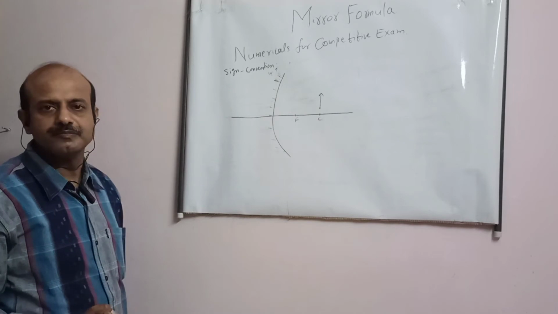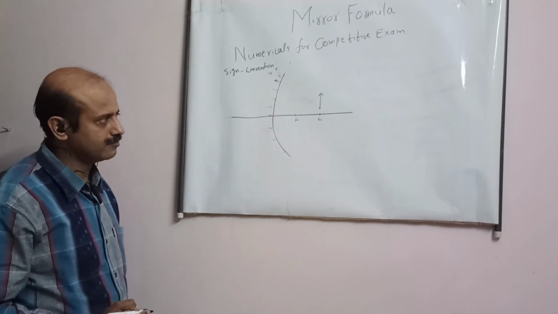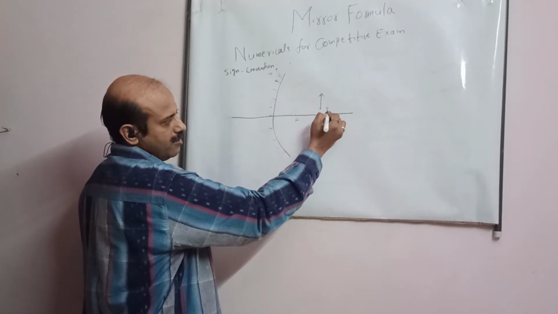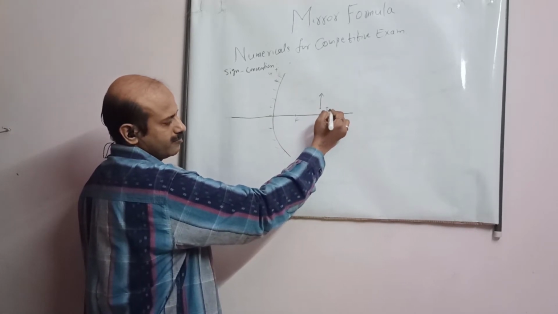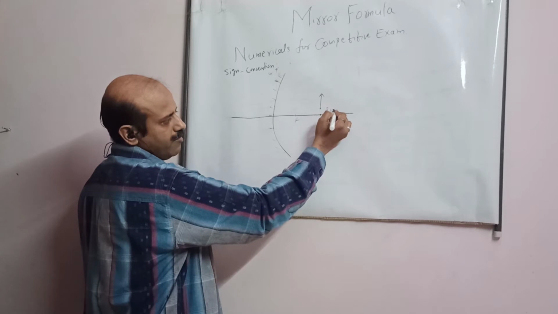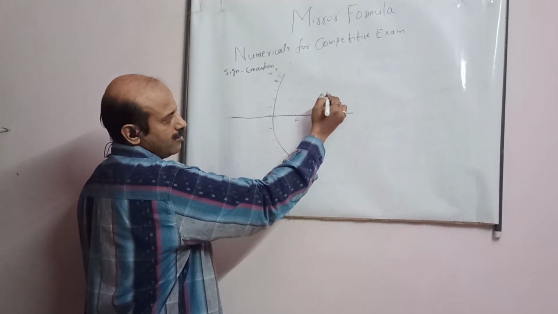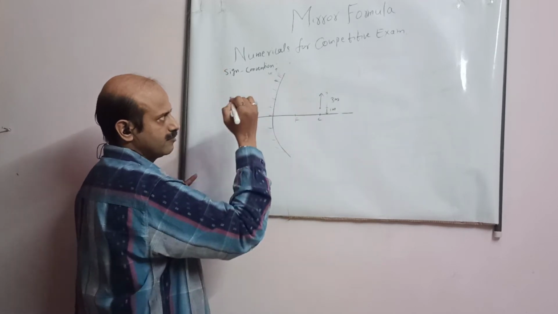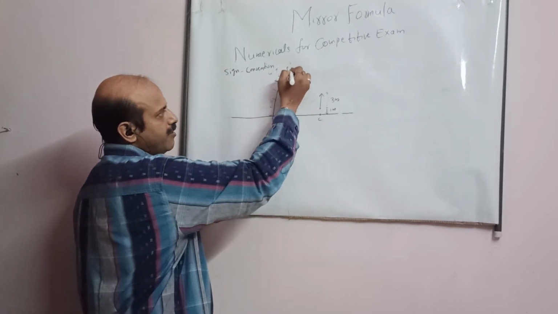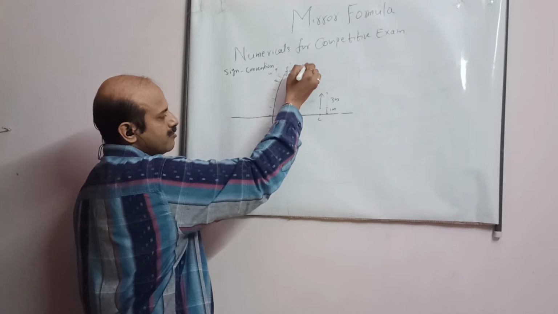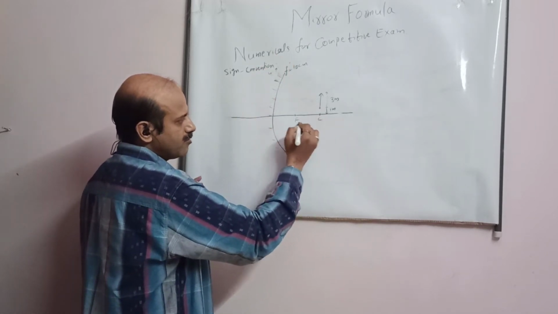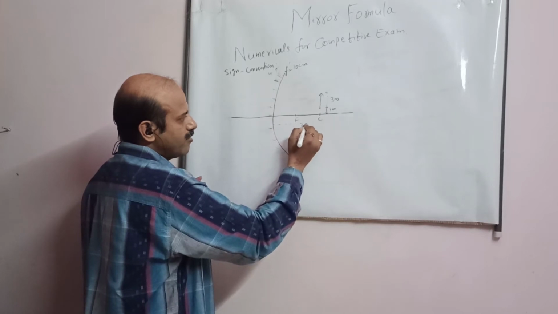This is the center of curvature. Say this length is 1 meter and this length is 3 meter. Again I am taking F as 10 centimeter and this is the center of curvature, student. This I am taking as 20 centimeter.